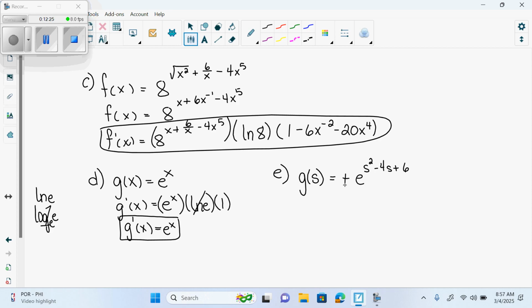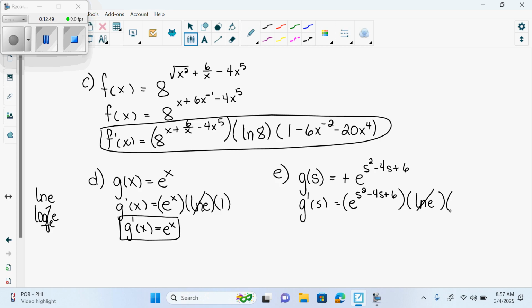Okay. So if we go to do the derivative of this one, g prime of s equals, rewrite it, ln the base. Ln of e is what? 1, so that goes away, but we do have the derivative of the exponent, right?